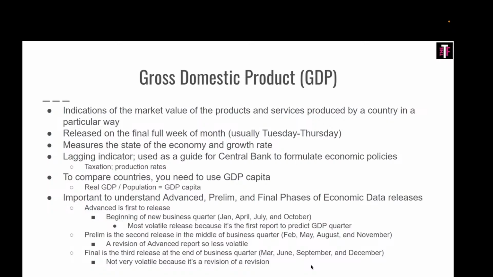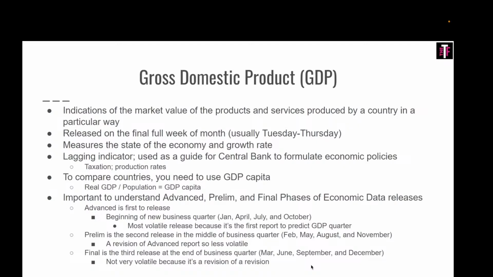So whenever you receive the GDP in October, it is actually the data from September, and so on. But it's used as a guide for central banks to formulate economic policies, like taxation and production rates and things of the like. And that's when the central bank might come in to usher in monetary policies if they need to.